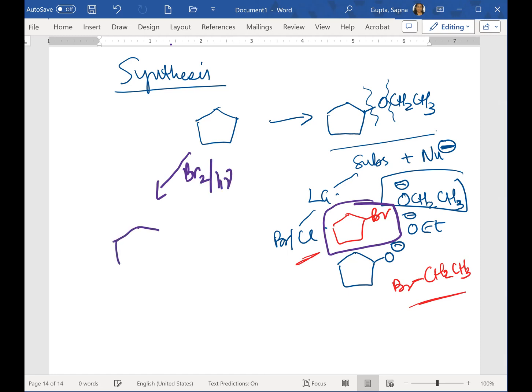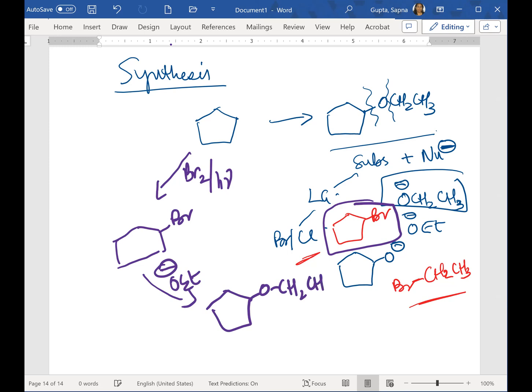If you do this, you can easily do a substitution reaction and get a bromine on the carbon. And then all you need to do is get an ethoxide and do a substitution reaction. And if you're thinking, oh my God, that was so easy, yes, it is.